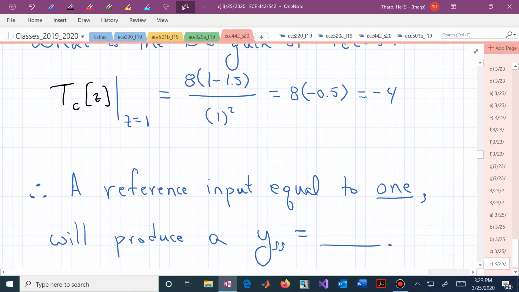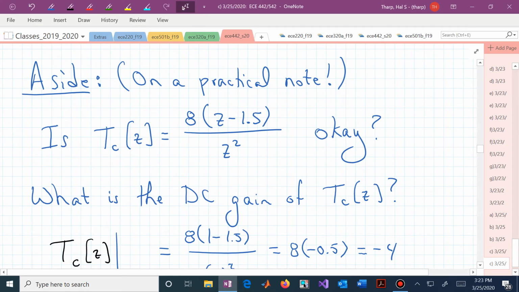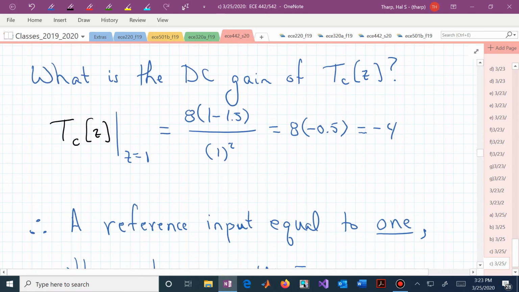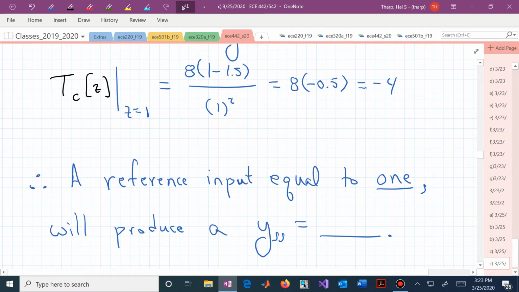What does that mean? That is our closed loop transfer function's DC gain. The system is stable: all of the poles of our desired closed loop transfer function are inside the unit circle, at z equal to 0. It will stabilize if we inject a reference input into that closed loop system.